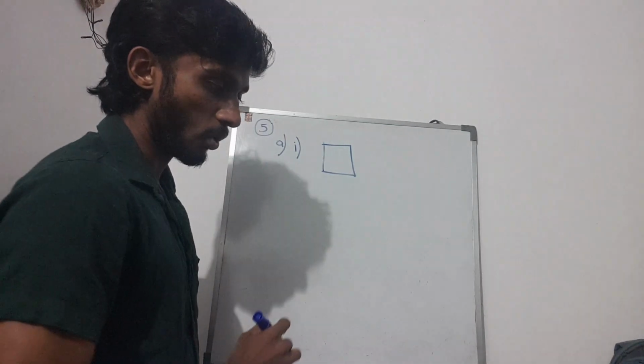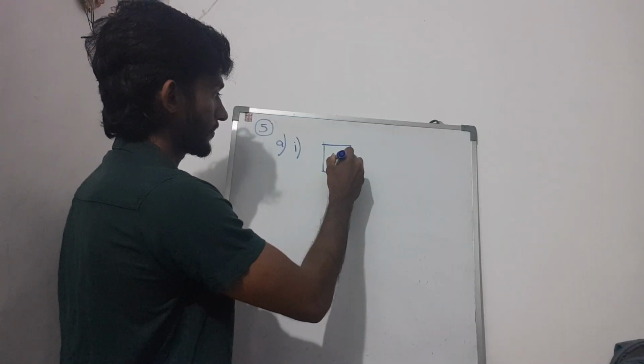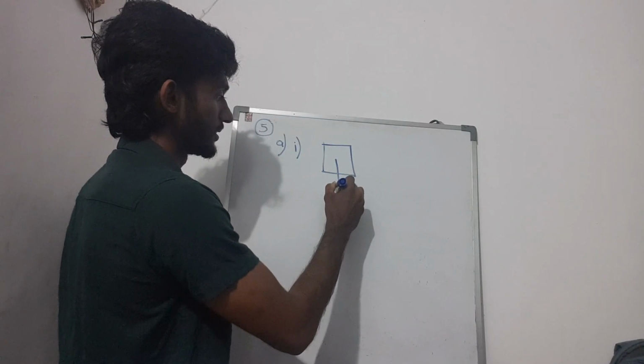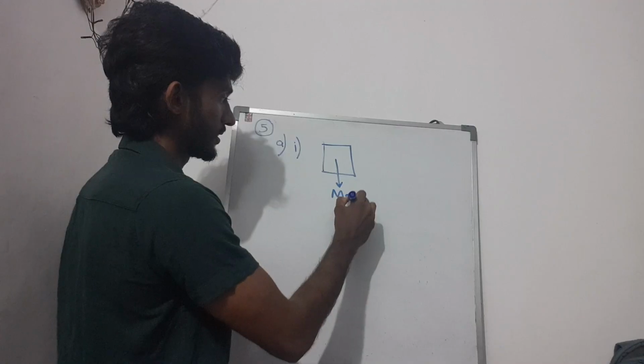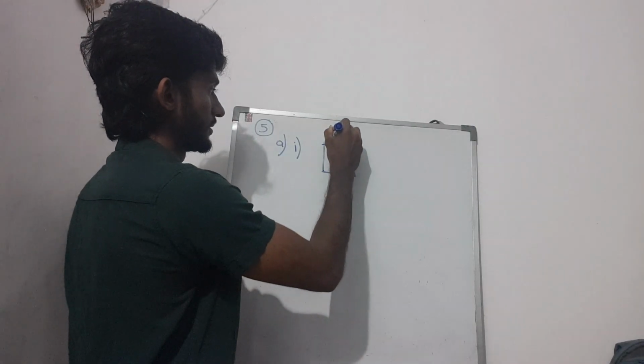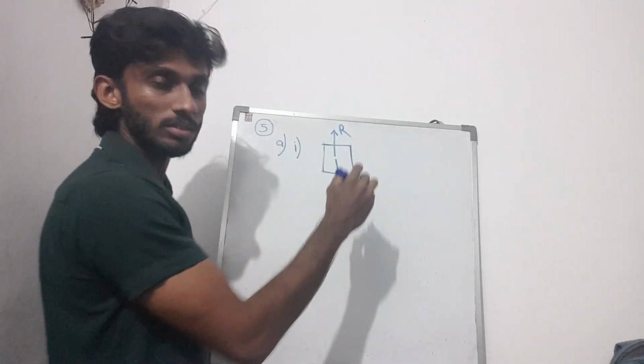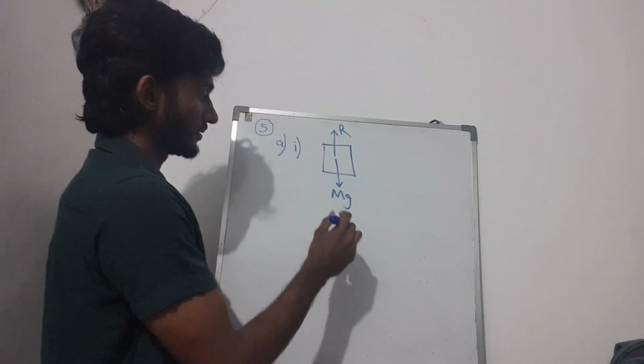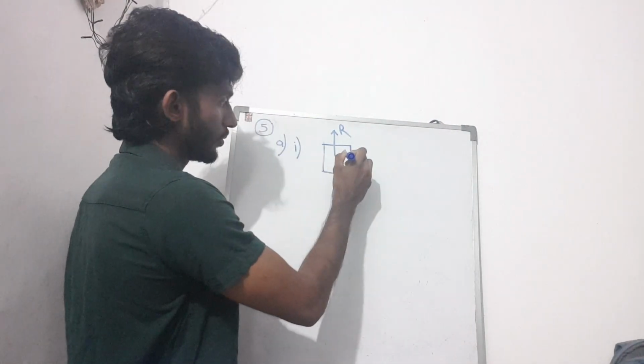This is the uniform block. This is the mass and this is the reaction force and the P force.